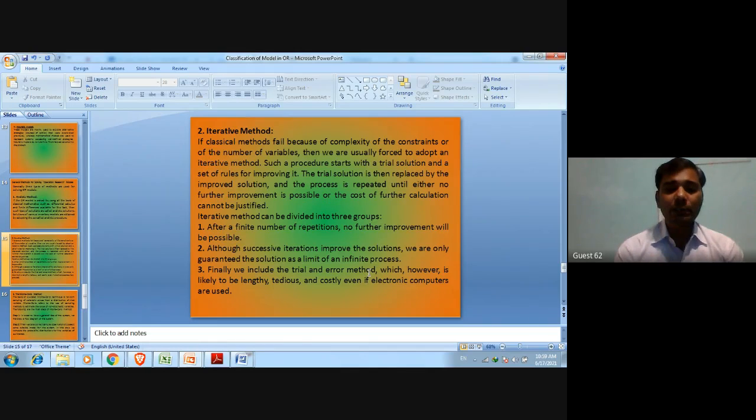Second, although successive iteration improves the solution, we are only guaranteed the solution as a limit of an infinite process. It means if there is an infinite process, we only guarantee that after performing some repetitions, this is the limit for the solution of this problem.